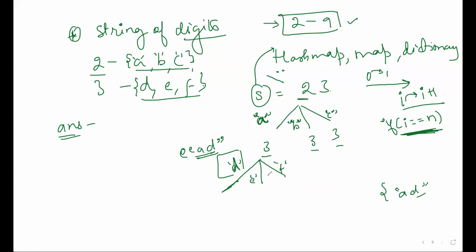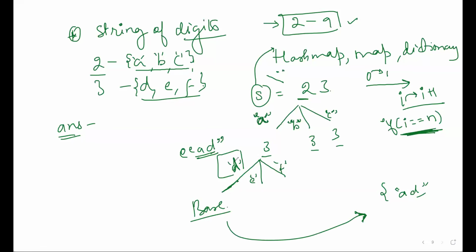Next, in case of recursion, what happens? Here I am writing the base case. In case the base is triggered, that particular current string that you are having is added to your answer.